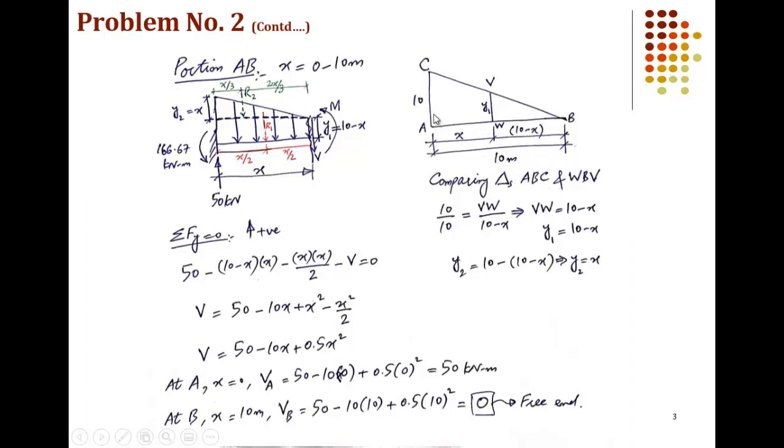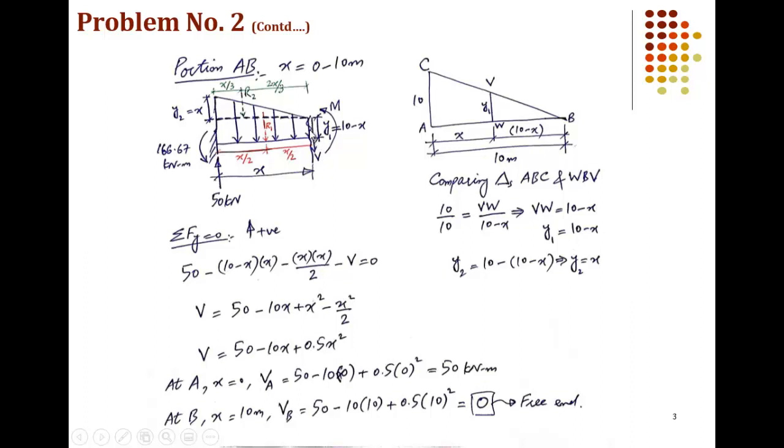So this 10 over 10 is the perpendicular over base of the larger triangle ABC, and this VW over 10 minus x is the perpendicular to base ratio of the smaller triangle. VW is the perpendicular of the smaller triangle, and WB or 10 minus x is the base of the smaller triangle. If we rearrange this equation, we get VW equal to 10 minus x, and we know that this VW as labeled here is equal to y1. So y1 is equal to 10 minus x.